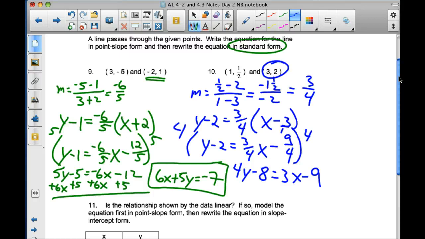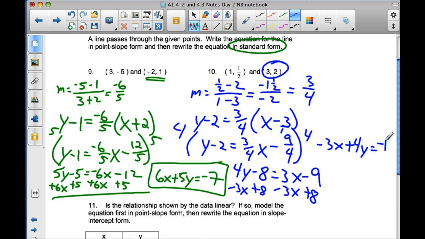Subtract 3x from both sides. Add 8 to both sides. And I see we're going to get x, A, is going to be negative here. That's okay. Negative 3x plus 4y equals, how about negative 1?